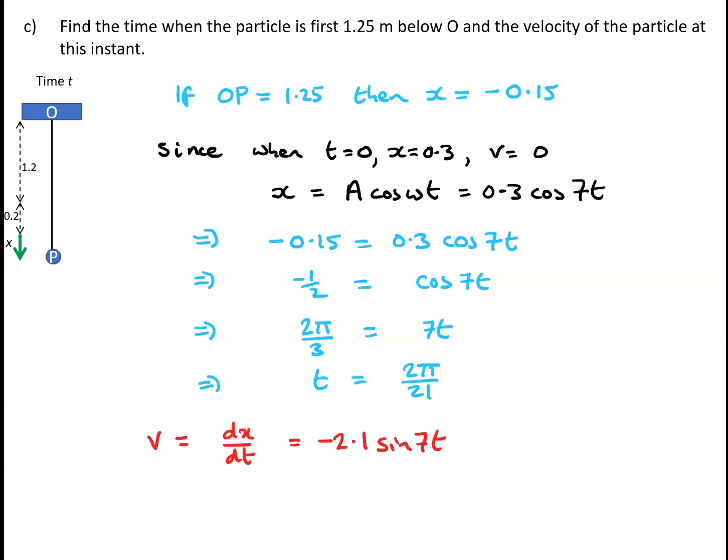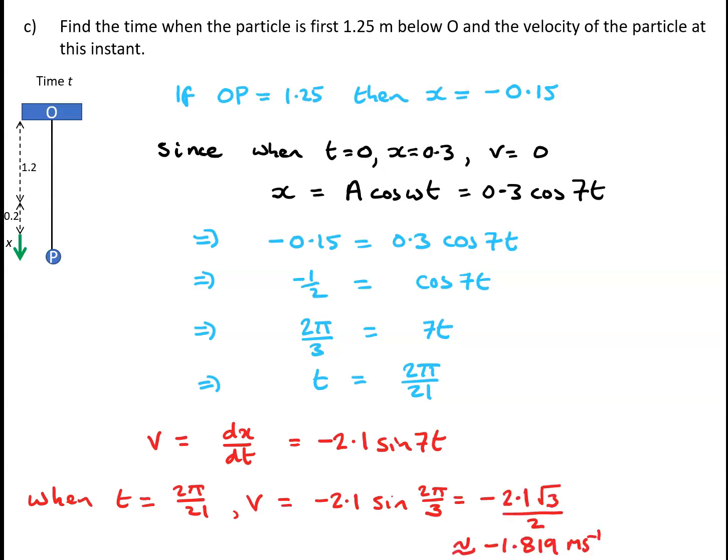If we put t equals 2 pi over 21 into that, we obtain v equals minus 2.1 sine of 2 pi by 3, which is minus 2.1 times root 3 over 2, or roughly minus 1.82 meters per second. This means that at this particular time the particle is moving at 1.82 meters per second in the negative direction, in other words, upwards.